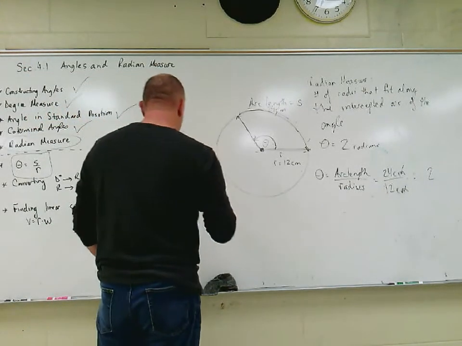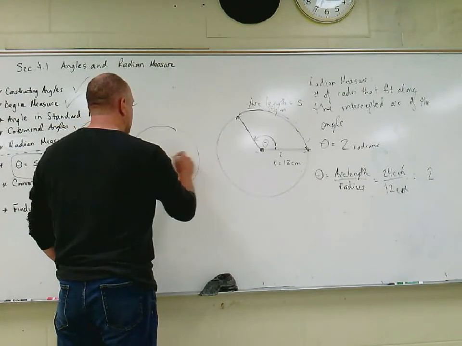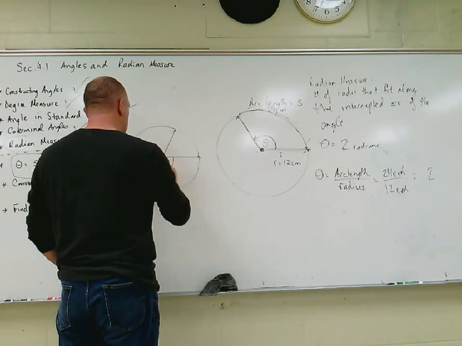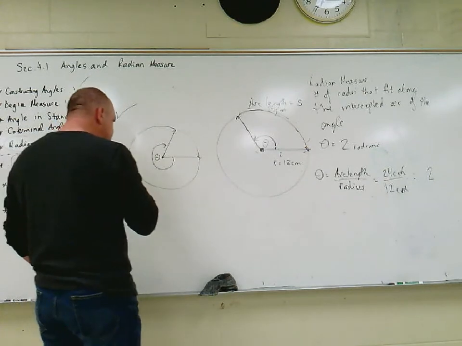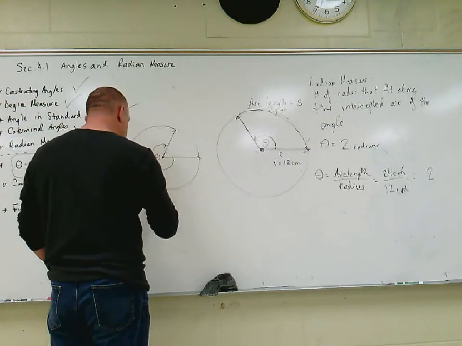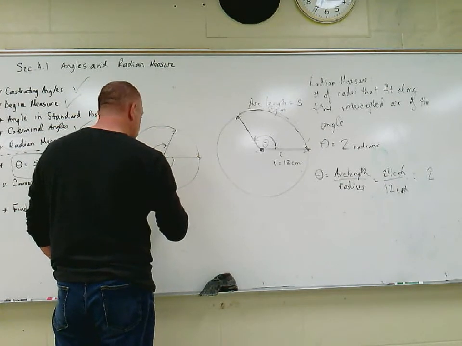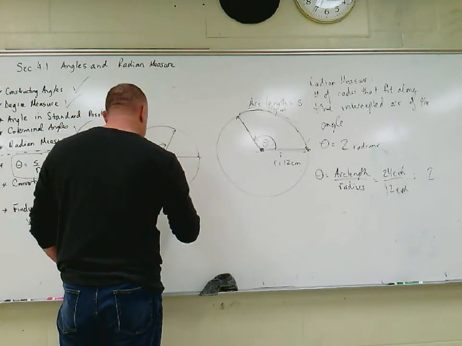So again, I'll draw another circle here, and let's say on this one that this is the angle. We want to find the angle in radians, and we know that the arc length is 30 centimeters and that the radius is 5 centimeters.